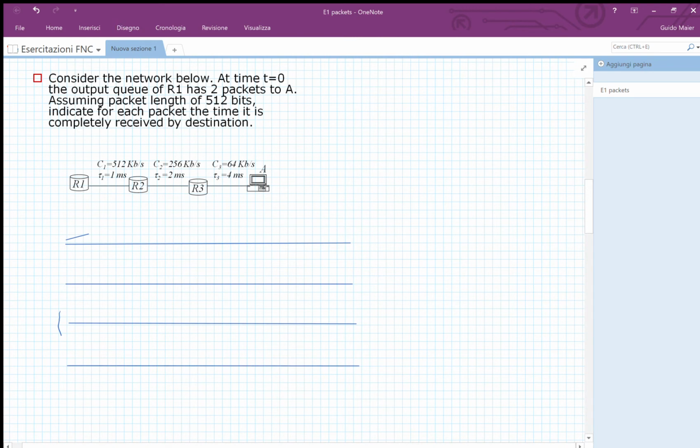We have already computed, well, the length of the packet is the same as in the previous exercise, 512 bits. And so we already know that T1 is equal to 1 millisecond. T2 is the double because the speed is half, 2 milliseconds.